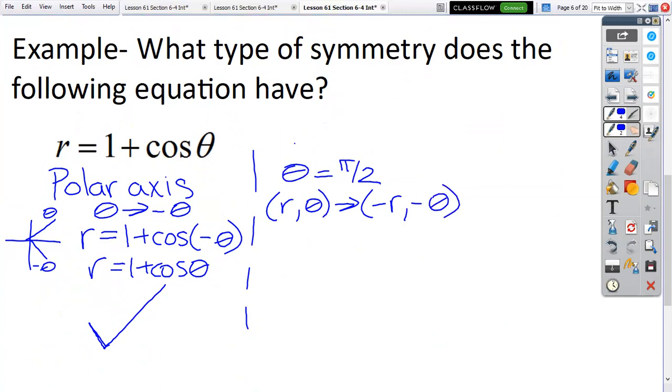And we just want to see what happens. So negative r equals 1 plus cosine of negative theta. We already found that negative theta does nothing inside of a cosine. So that is negative r equals 1 plus cosine of theta.